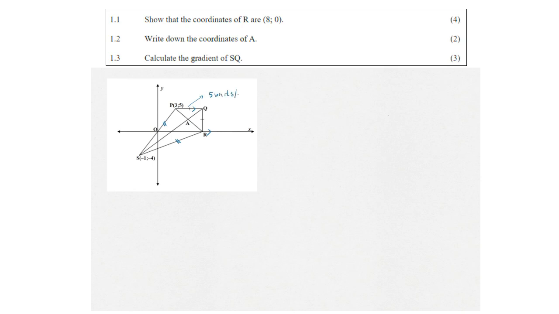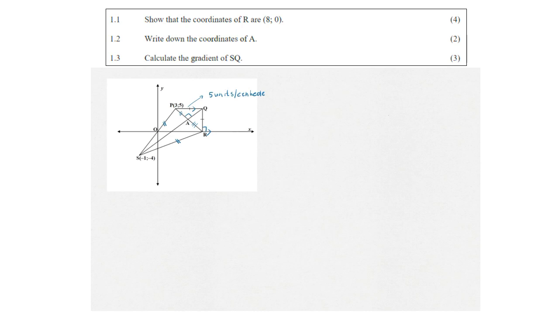And then they also say that RQ is perpendicular to the x-axis and the diagonals intersect at A. And one of the properties of a kite is that the longer diagonal bisects the shorter diagonal PR perpendicularly. So that means the angle at A is 90 degrees and PA is equal to AR.